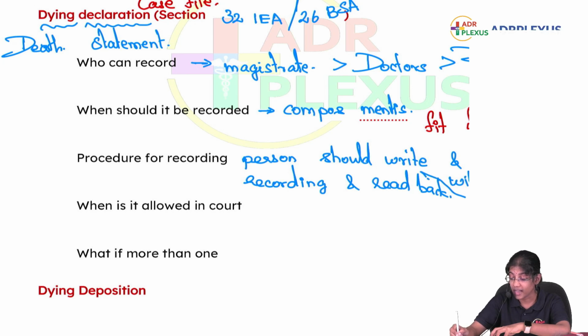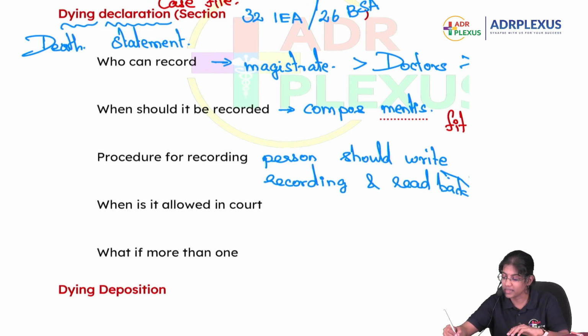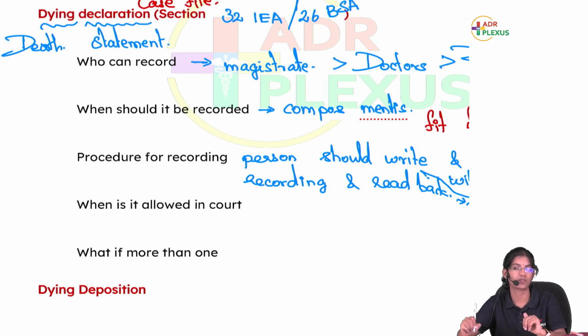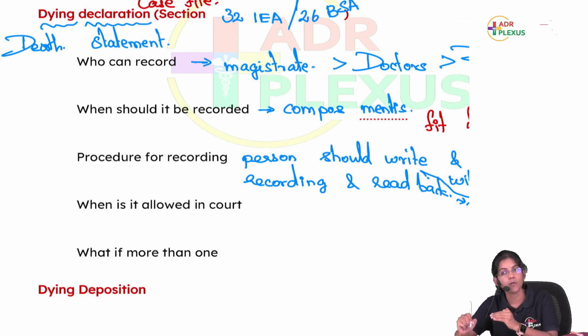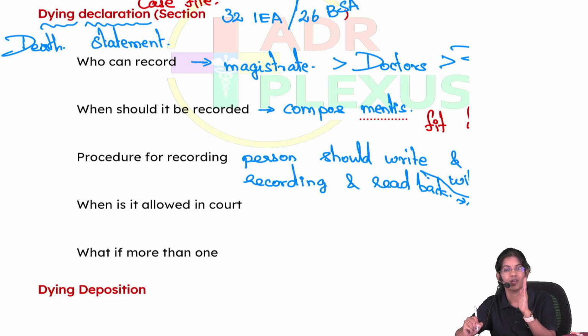I have recorded it, I am reading it back, right? Record and read back. Then you get the sign, with a witness, of course. Any time during this, if the patient becomes unconscious, you record that the patient has become unconscious and sign it. That's all. Wherever the patient stops talking, you say that till here the patient was conscious, oriented and alert. You write down whatever he has said, sign it, and stop there.